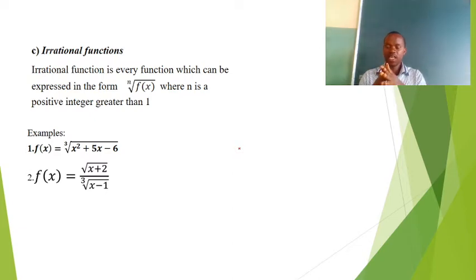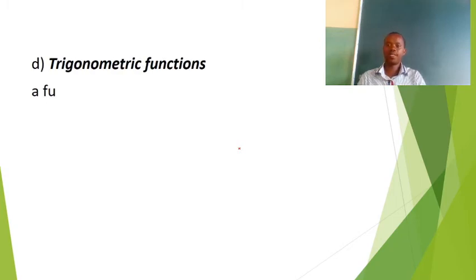You can see, even though it can look like a rational function, it contains radicals, which means that depending on these radicals, it will be called an irrational function. The type number 4 is about trigonometric functions.